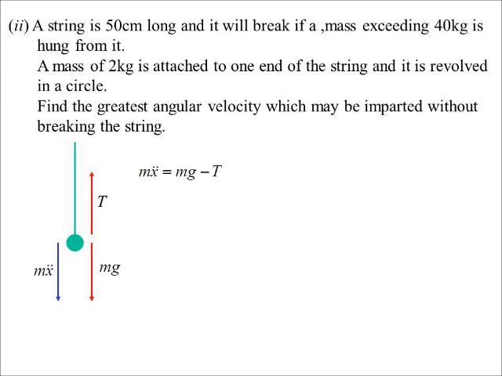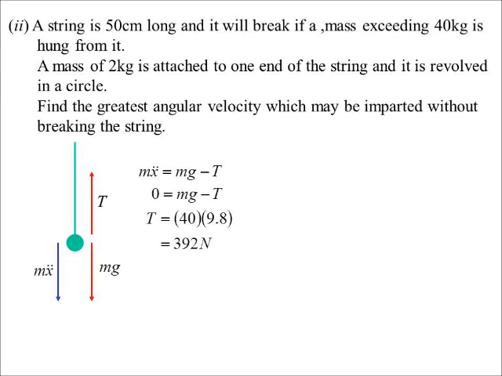But in this case, it's 0, because it's not moving. So mx double dot is equal to 0 at this stage, and my tension will be mg, which is 40 times 9.8. The units for tension, or any force, are newtons. So I know this string can handle 392 newtons.